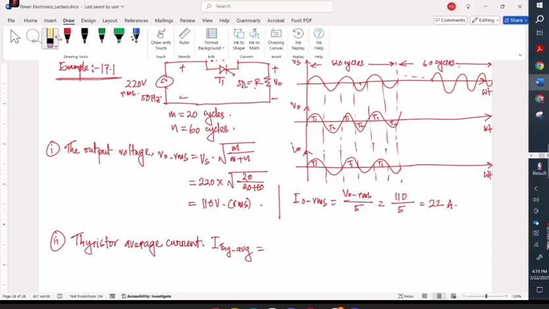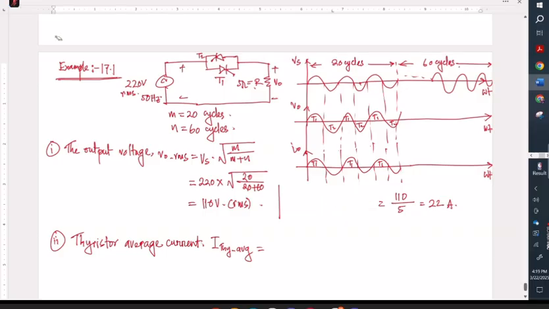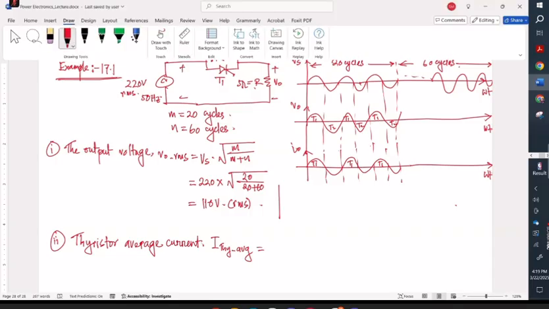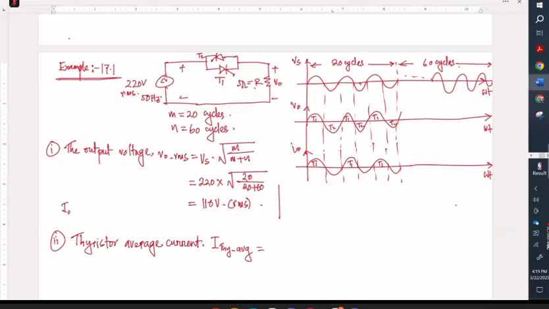Sir, could you repeat the question? Yeah, we need to calculate the thyristor average current, right? Yes, sir. So I naught RMS is 22 amps. Okay. So now tell me, if I draw the thyristor current here, will the thyristor current not be equal to the input or output current?